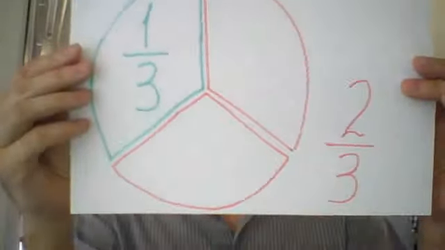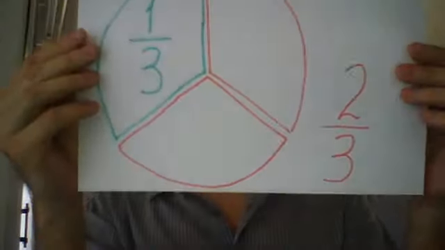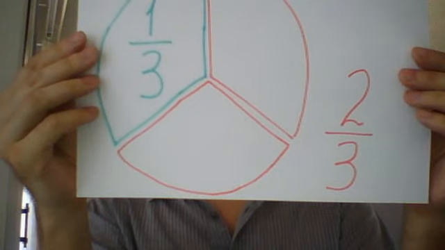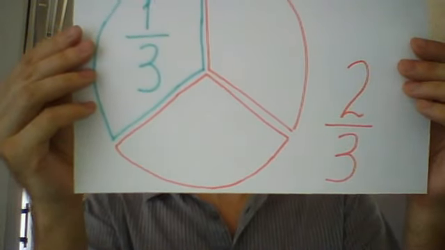Let's say you have one cake and you have 3 people and you want to divide the cake fairly for these 3 people so that each person gets the same amount. Well, what are you going to do? You're going to obviously cut the cake into 3 equal parts, and I have a picture for that. So in this case, we've divided the cake into 3 equal parts, and we call each of those parts 1/3.